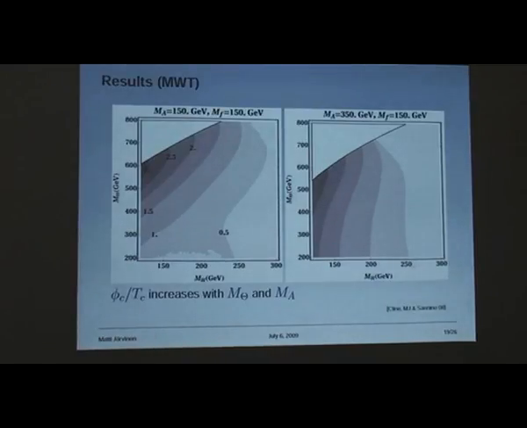But anyway, you can take it to be heavier also. There is no strict reason why it should be so light. At least in the paper we also plot this for 350 GeV, and it doesn't change very much.